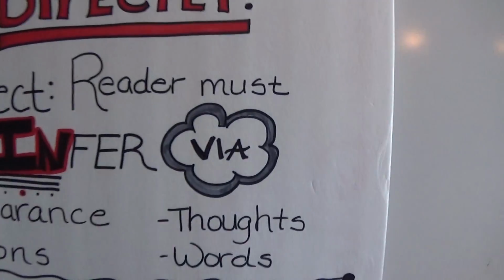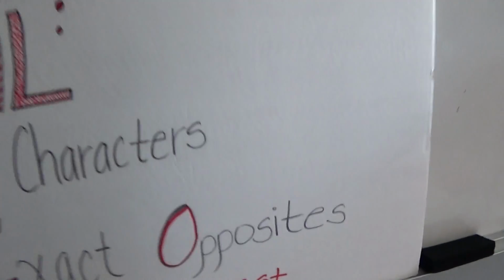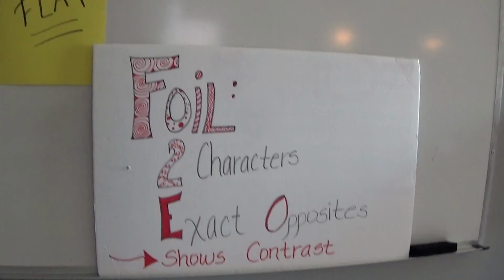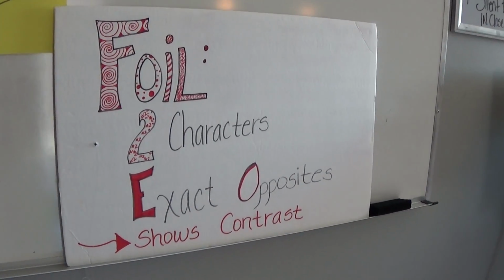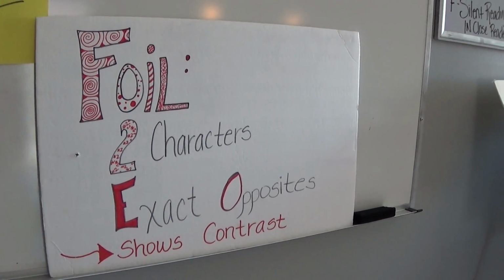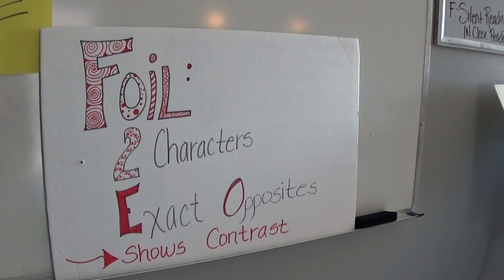So what we need to do is turn the poster around and talk about our foil characters. Foil characters are 2 characters that are the exact opposite. And authors do this in order to show contrast.